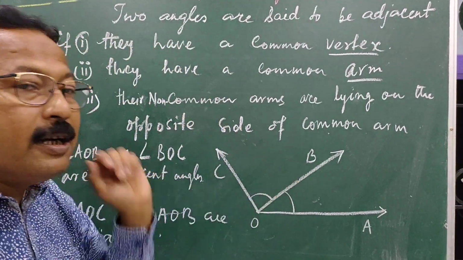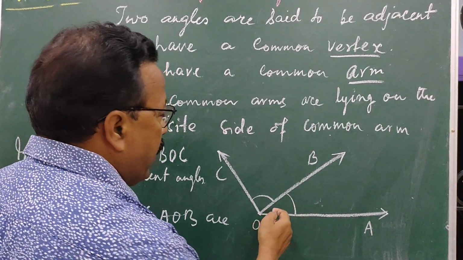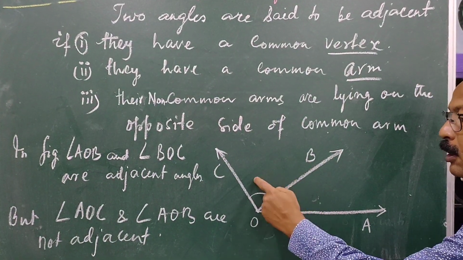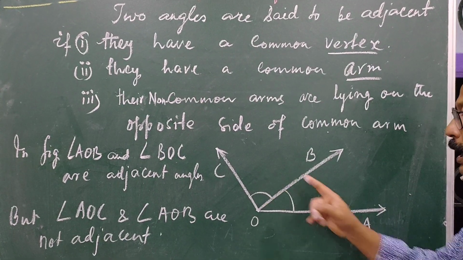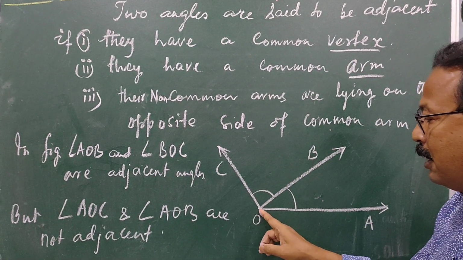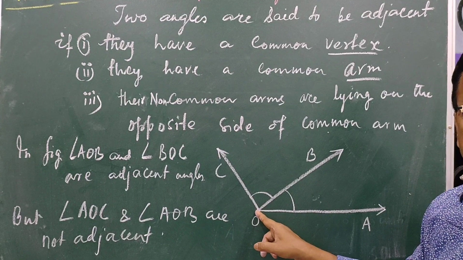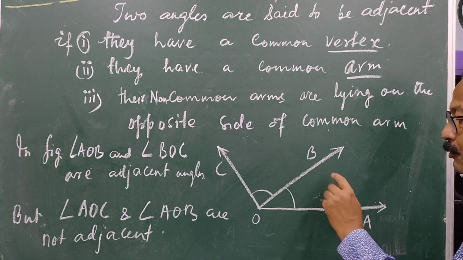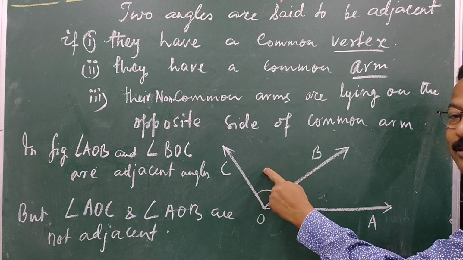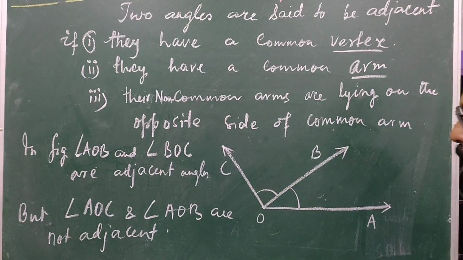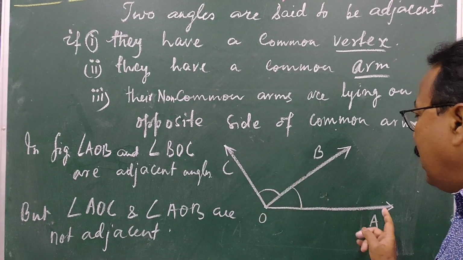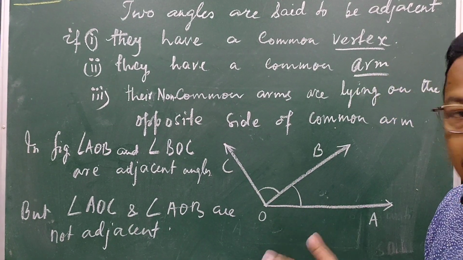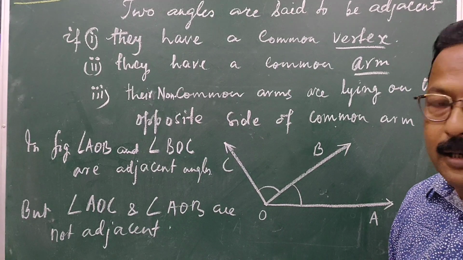Look at the figure. OB is the common arm of these two angles, and they have a common vertex O. Angles AOB and BOC are called adjacent angles.